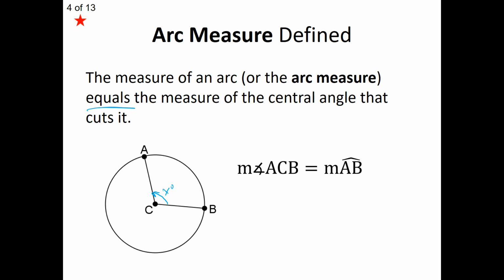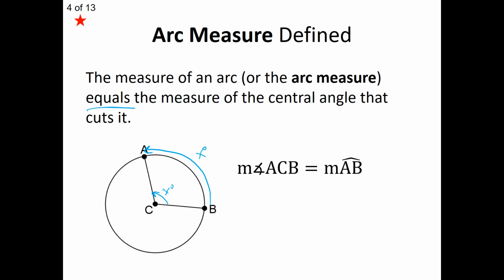What we're saying with this definition of arc measure is that there is also this same rotation idea from one point on our circle rotating around to the other point on our circle. Because of that rotation, we're defining that arc to have the same measure of rotation.